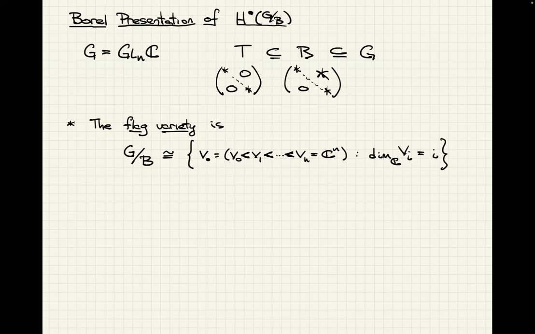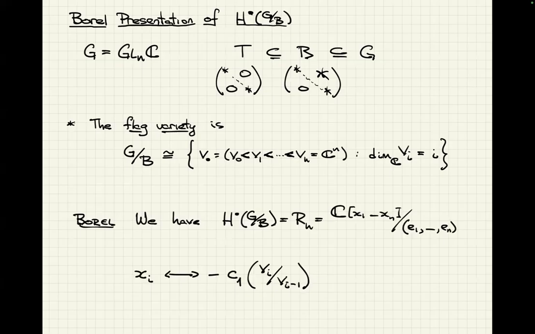We can endow this thing with the structure of an algebraic variety. And we can ask for its cohomology. So this was calculated by Borel, a very famous presentation: the cohomology ring of the flag variety is equal to Rn, right? This is the coinvariant ring.